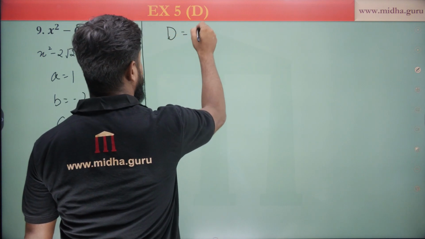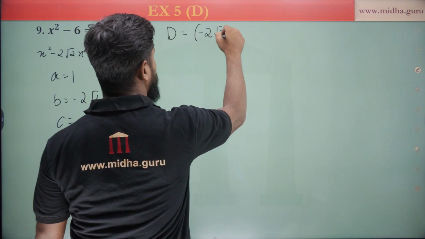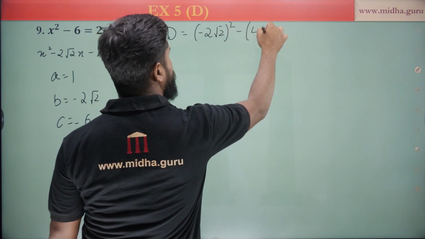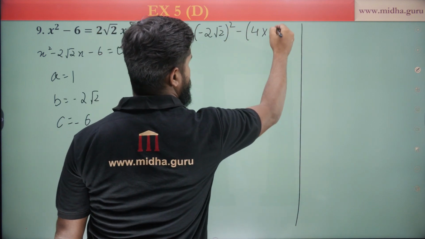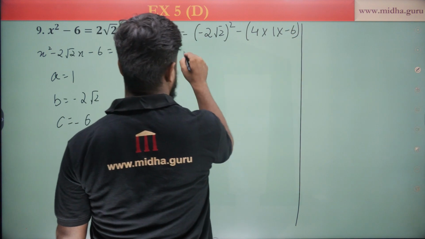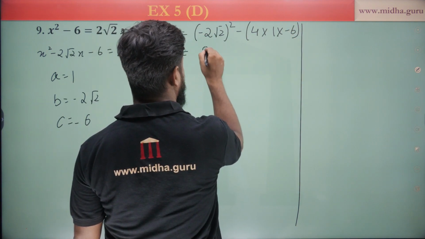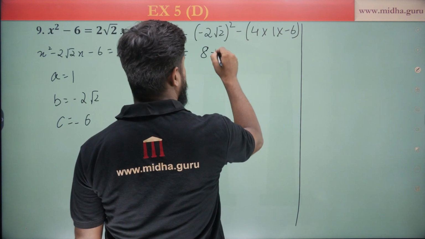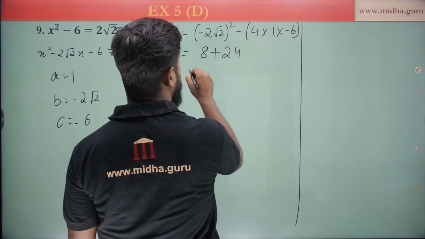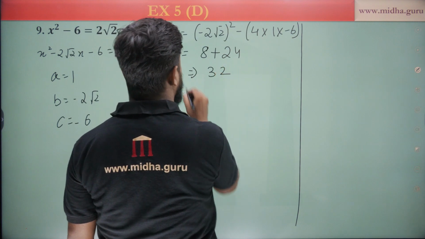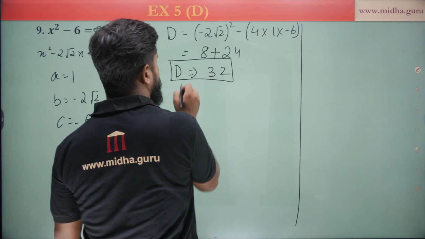So now D is b squared, so 2 root 2 whole squared minus 4 times ac, a being 1 and c being minus 6. So we have minus 2 root 2 whole squared, which will be 8, and this minus becomes plus, so 4 into 6, which is 24. This gives us 32. So the discriminant is 32.